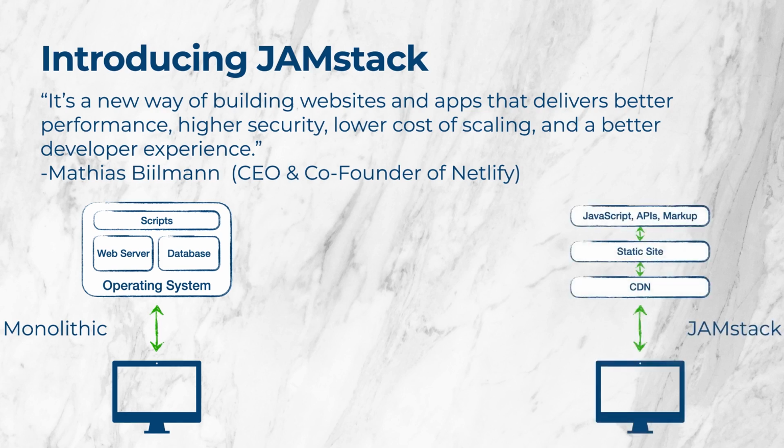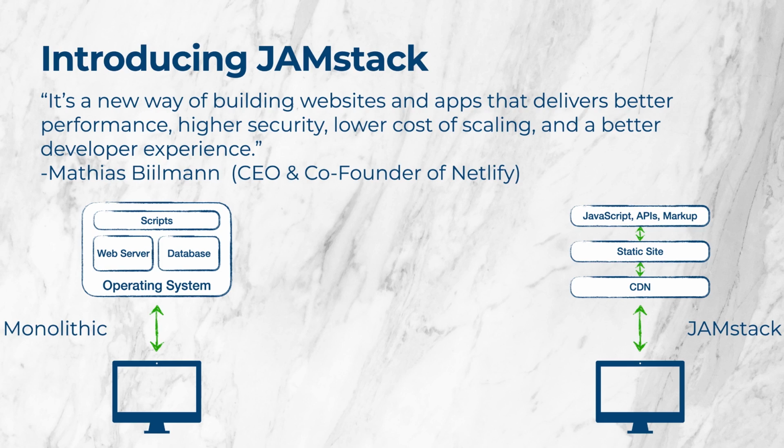So if we take a look at what a JAMstack application looks like, you can see it's a slightly different picture. With the JAMstack, our browser isn't directly talking to a giant web server. Its actual first stop is a CDN, a content delivery network, which is essentially a distributed set of servers all over the world so that anytime a user connects to your application, they're going to be connecting to the fastest possible location.